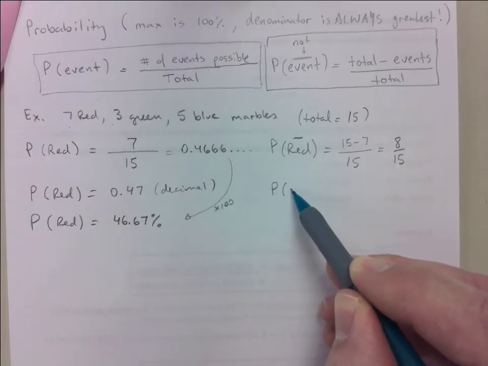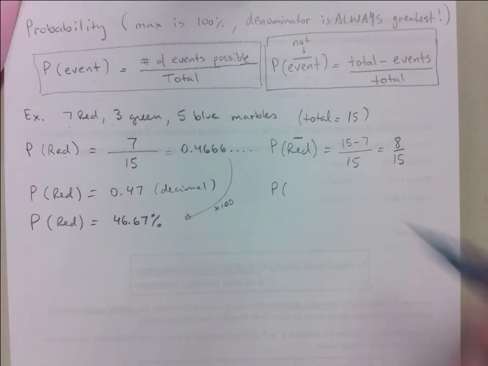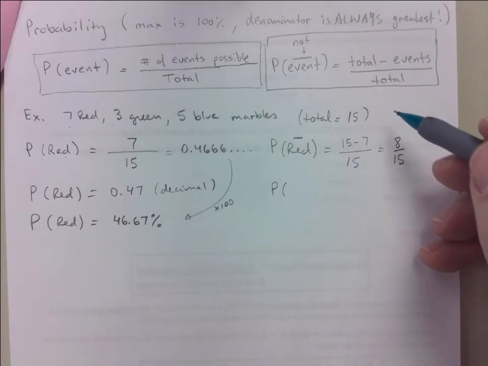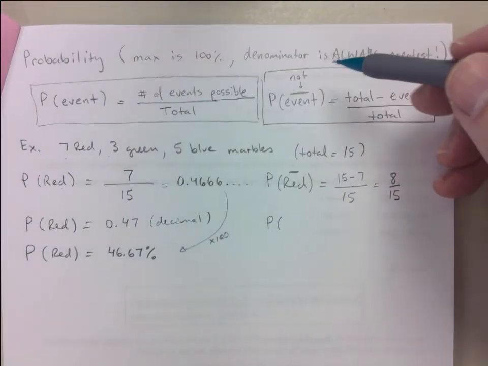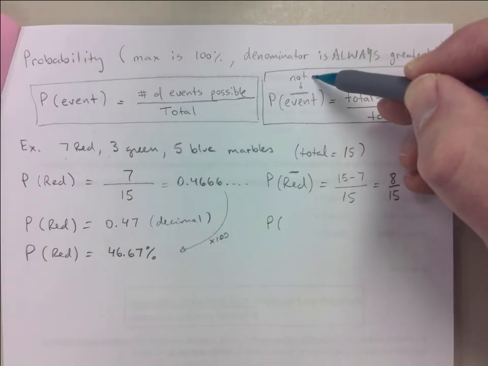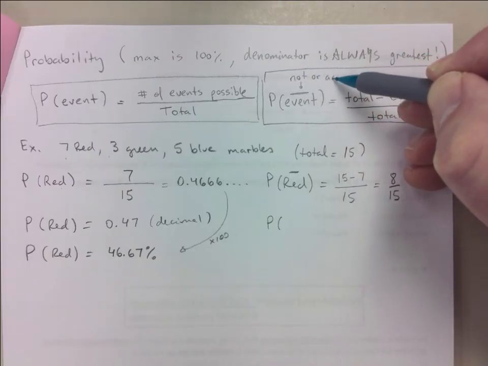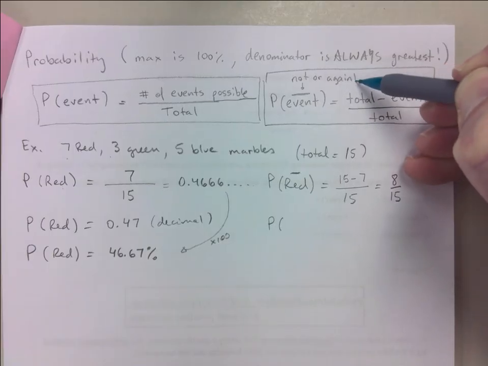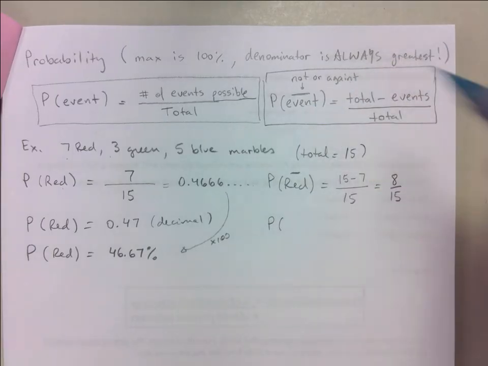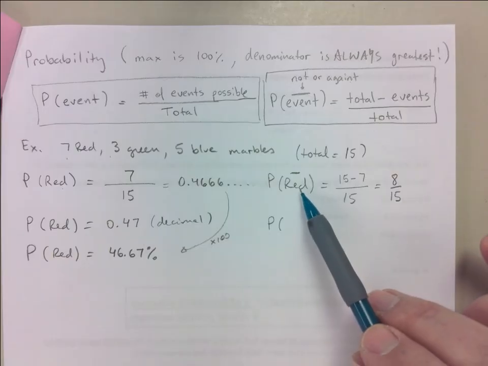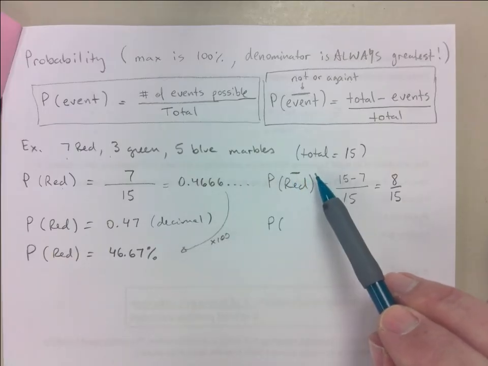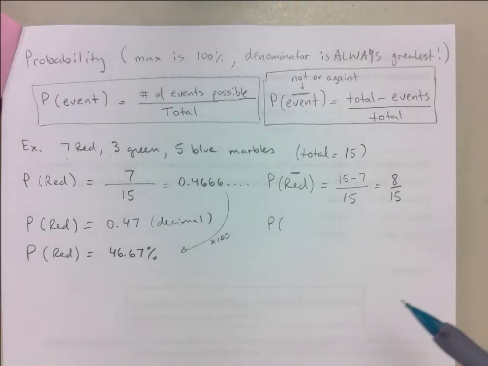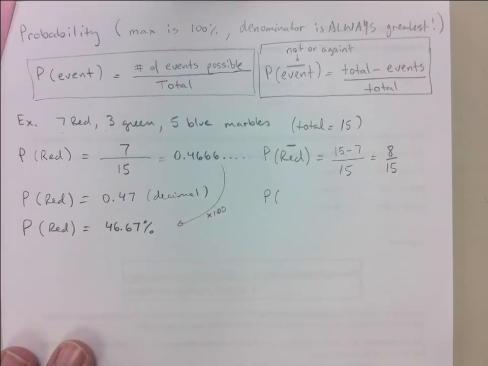So what would this be? Probability, you know what? I need to make a note. Sometimes the question will say, what's the probability against that event? So if you see a red with a bar on top or a tick, it's probability against that. Okay.